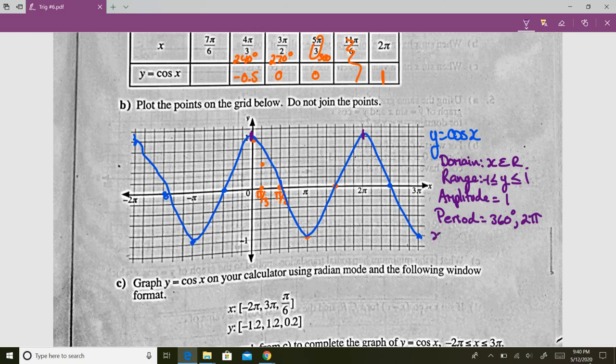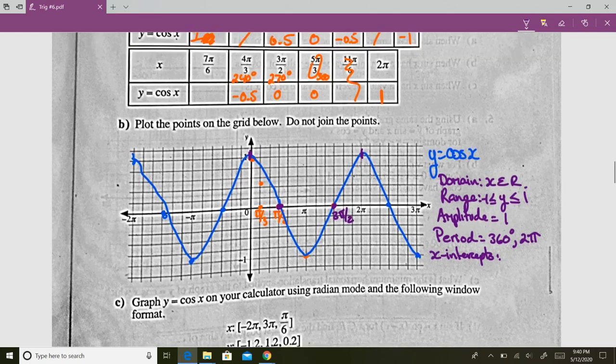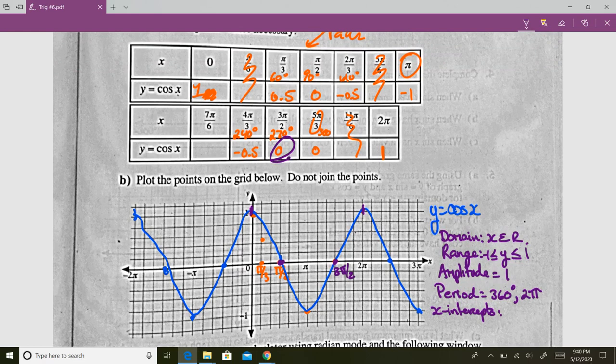The x-intercepts of the cosine graph, that's pi over 2, that's 3 pi over 2. In other words, where they are 0. And that one, I don't know why I wrote that, that should be pi over 2, sorry.